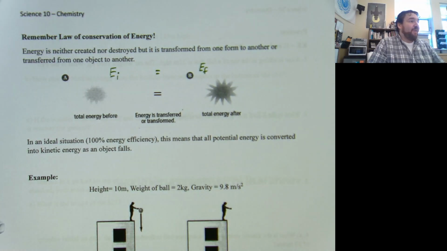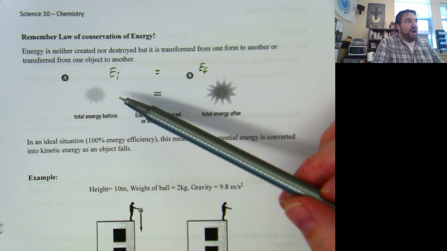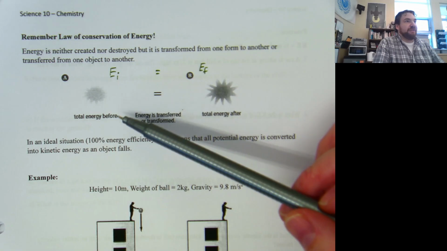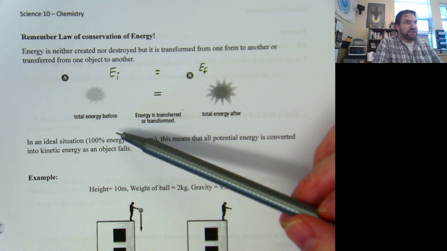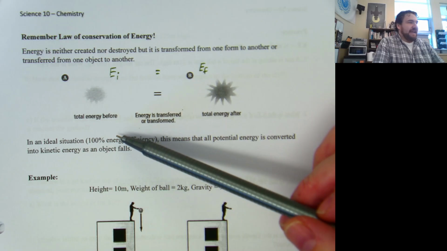And what kinds of energy have we looked at already that an object could have? Could you contrive a scenario where an object started with kinetic energy? The object starts moving. Is that reasonable?